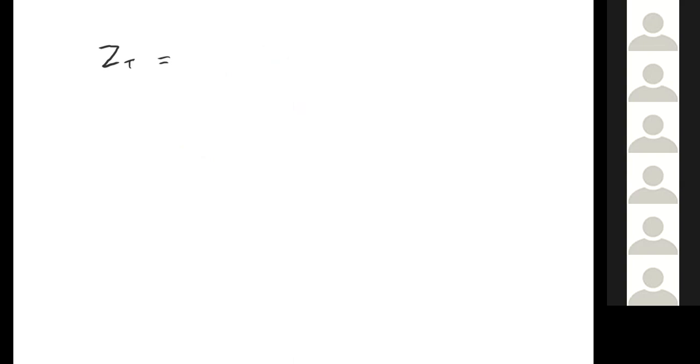Z equals R times bracket XL minus XC j. Yeah, that would be if they're all in series, but these are in parallel. So we've got to do R times XL over R plus XL.